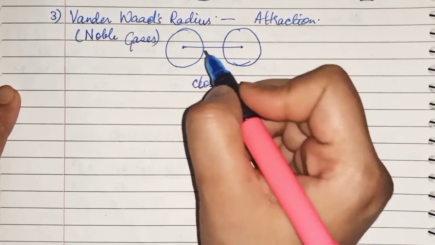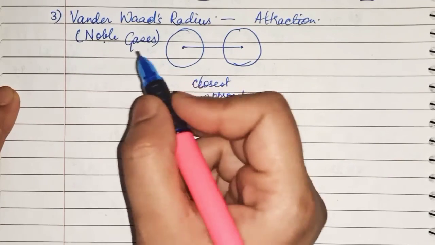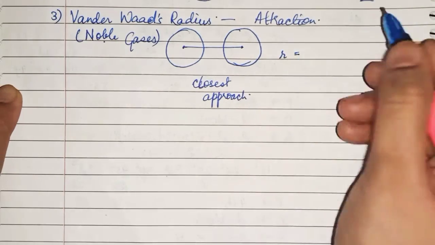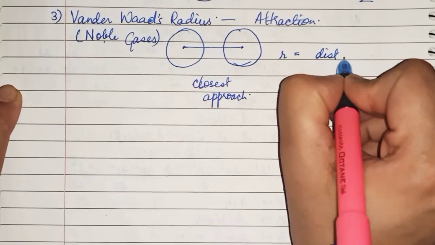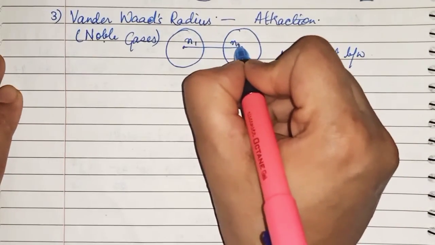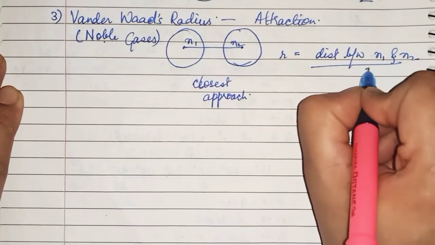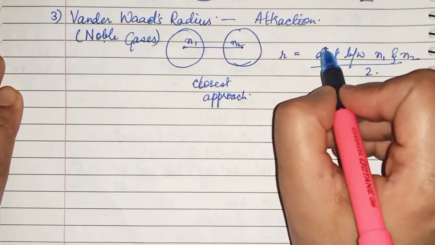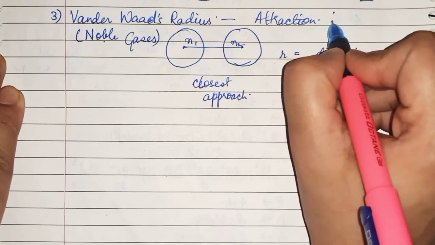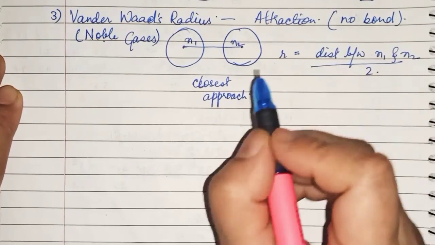So that's why this force of attraction exists between noble gases. And here again radius is equal to the distance between noble gas atom 1 and atom 2 upon 2. Here we are not writing bond length because it is only attraction. No bond is there.